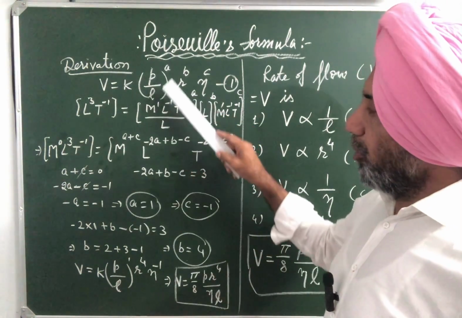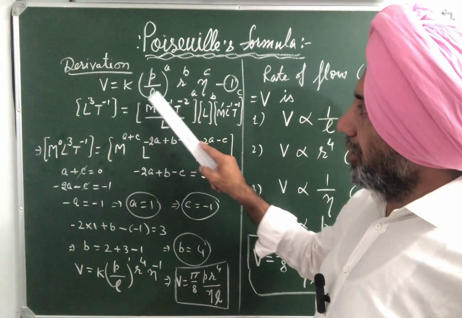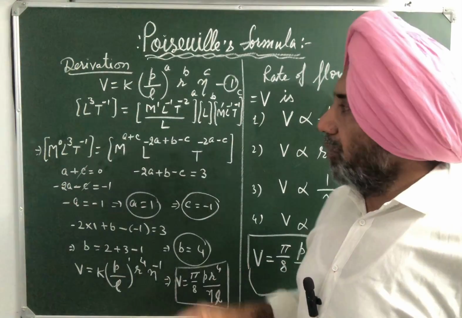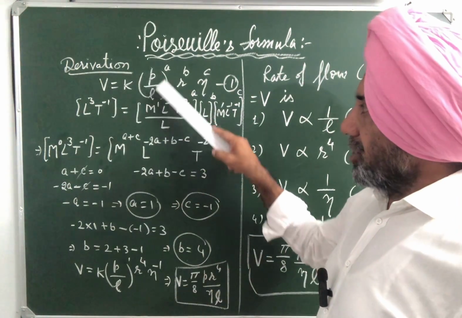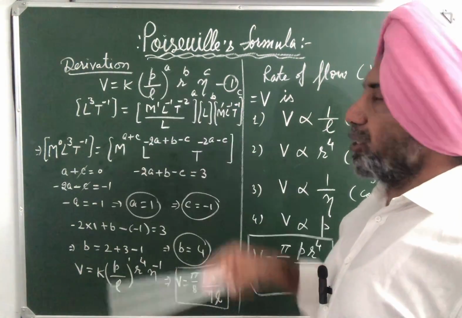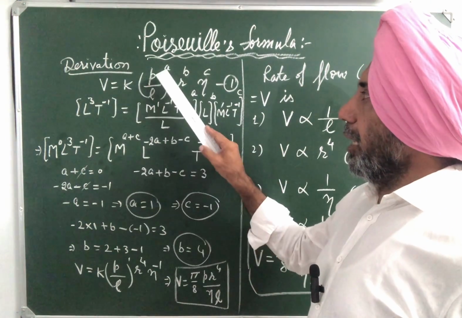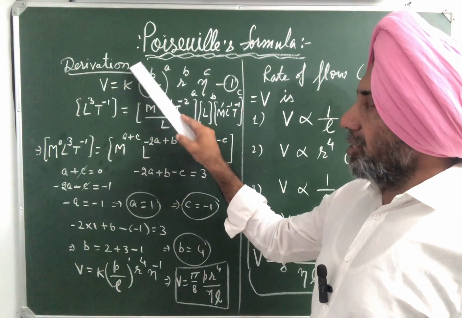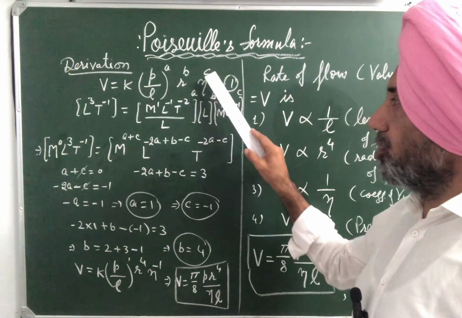So P upon L, or dP by dL, is known as pressure gradient. So number 1, V, the rate of flow, is equal to K times pressure gradient power A, r power B, and eta power C, where A, B and C are the powers of pressure gradient, radius and coefficient of viscosity of the fluid.